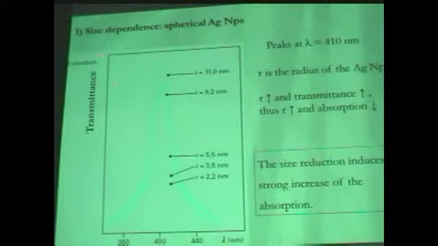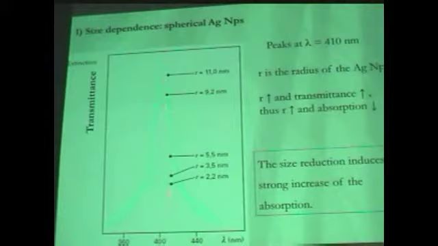We can see here the spectrum, the variation of the transmittance as a function of wavelength for spherical silver nanoparticles. We can see here a series of peaks obtained for different sized nanoparticles, ranging from 2.2 nanometers to 11 nanometers.